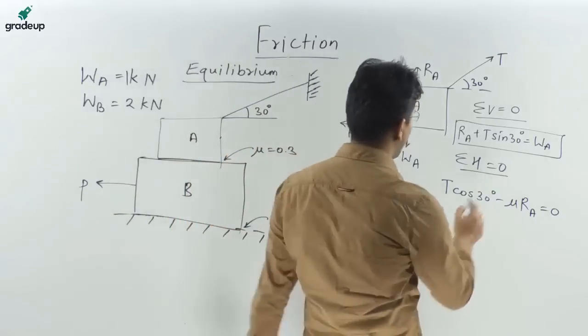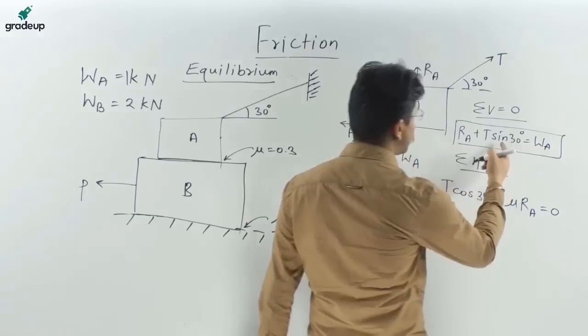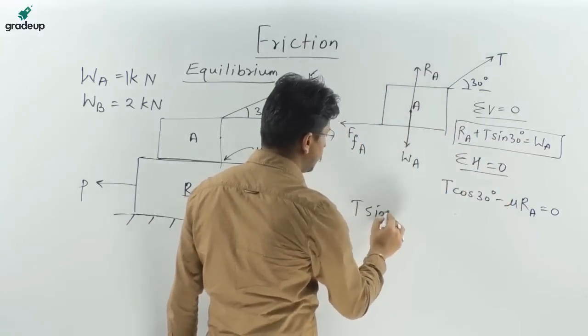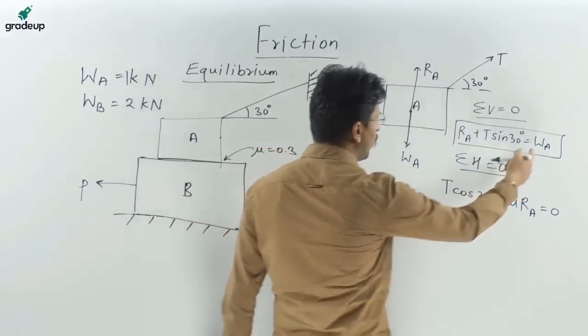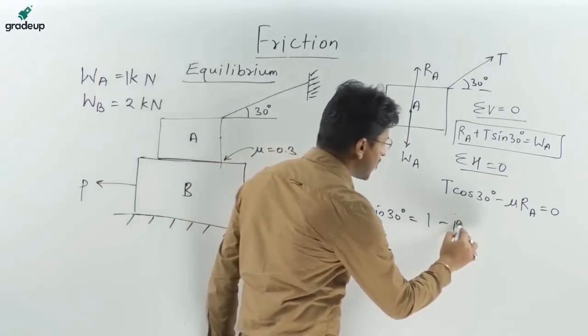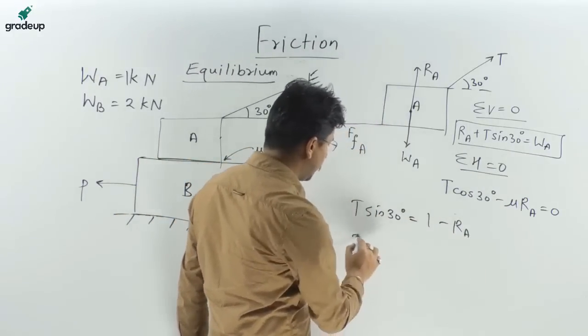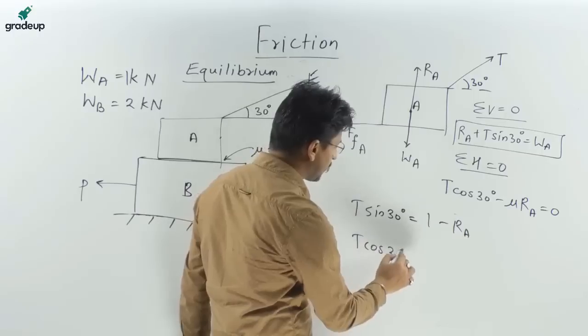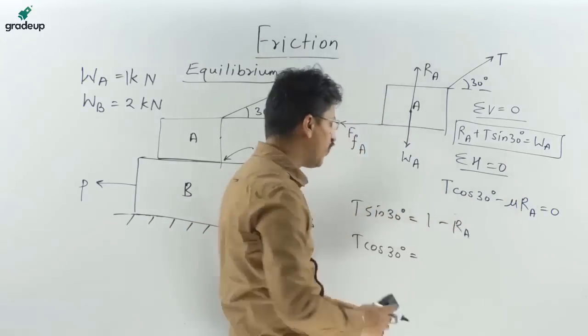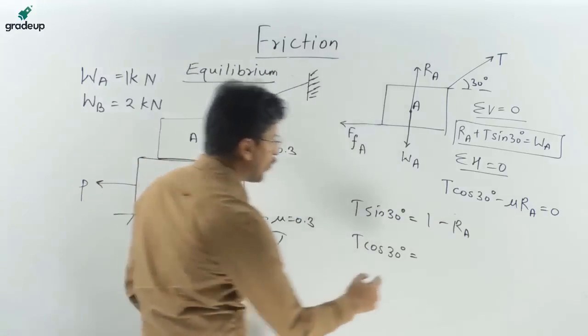So from the first equation you can write T sin 30 is equal to weight of A, that is 1, minus RA, and T cos 30 is equal to mu RA. The value of mu is 0.3, so 0.3 RA.